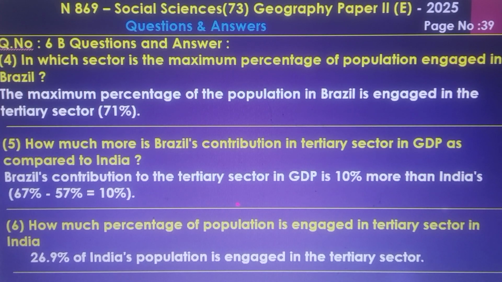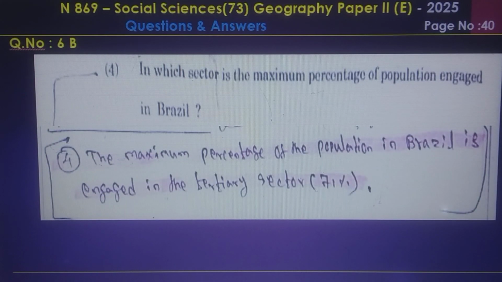Brazil's contribution of the tertiary sector in GDP is 10% more than India's: 67 minus 57 equals 10%. Question number 6, how much percentage of population is engaged in the tertiary sector in India? 26.9% of India's population is engaged in the tertiary sector. And question number 6b, the fourth answer I have given here.